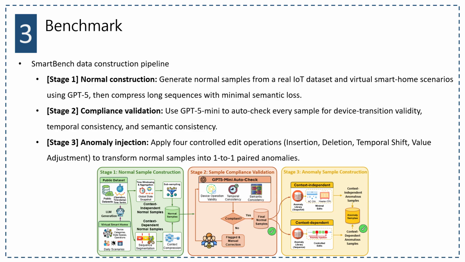In stage 2, GPT-5 Mini auto-checks every sample for device transition validity, temporal consistency, and semantic consistency. And in stage 3, anomalies are injected by applying four controlled edit operations: insertion, deletion, temporal shift, and value adjustment, producing one-to-one paired normal and anomalous samples.